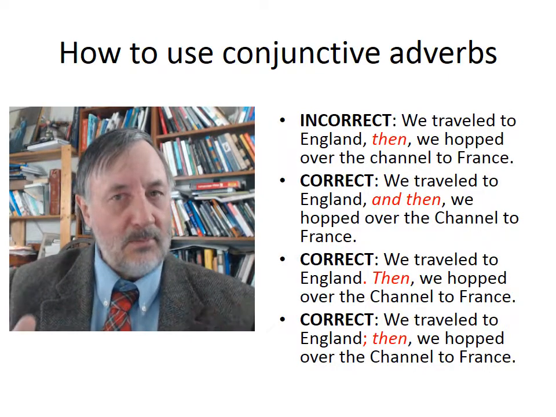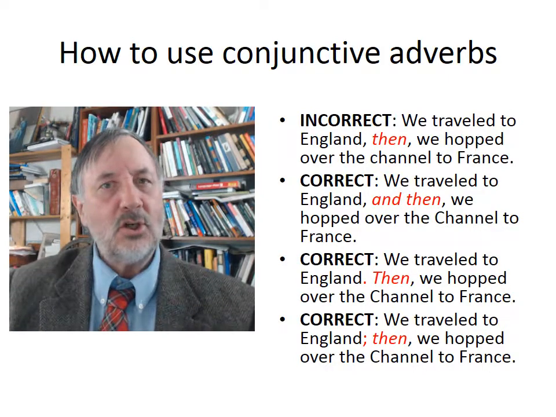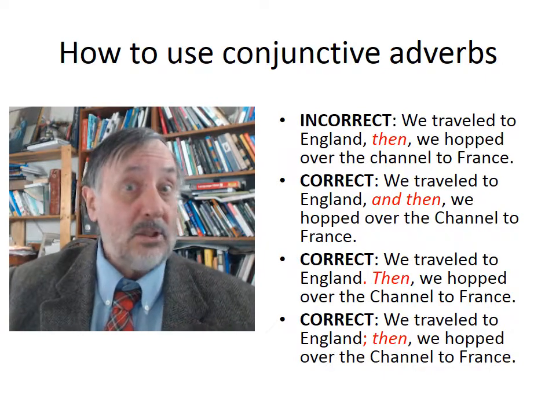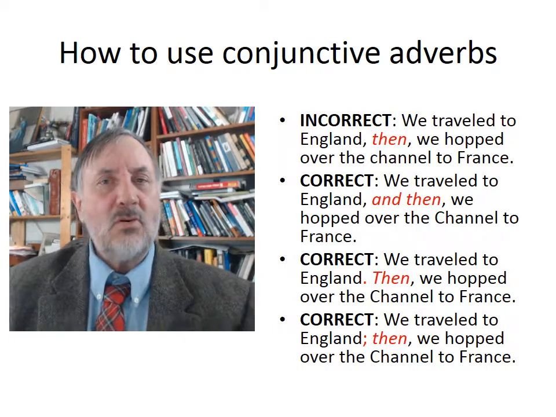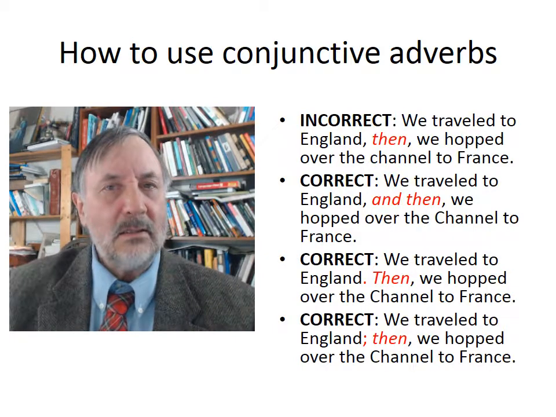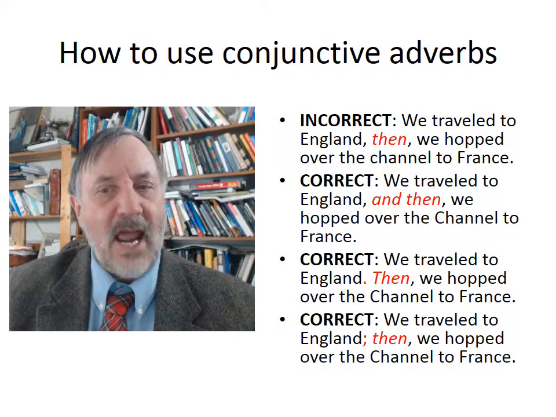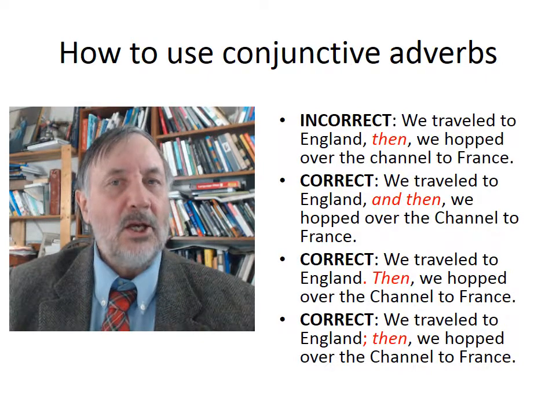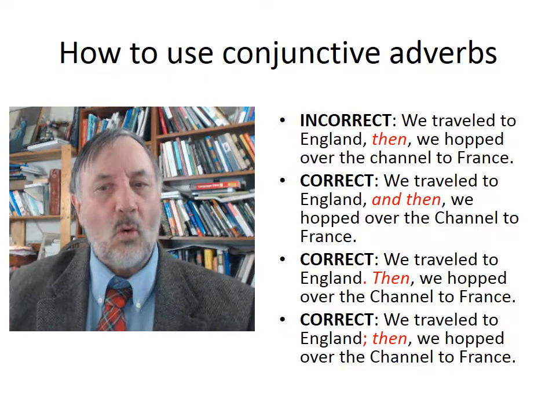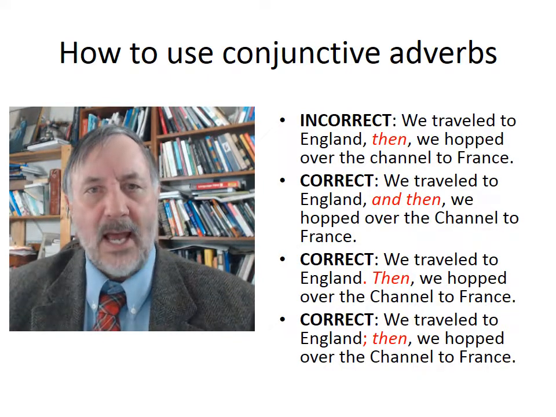See, you can't use then by itself as a conjunction, but you can use it in combination with a conjunction. Or you could just make a full stop. You could create two sentences. "We traveled to England." Then, "We hopped over the channel to France." So you just begin a whole new sentence, or something very similar to that.